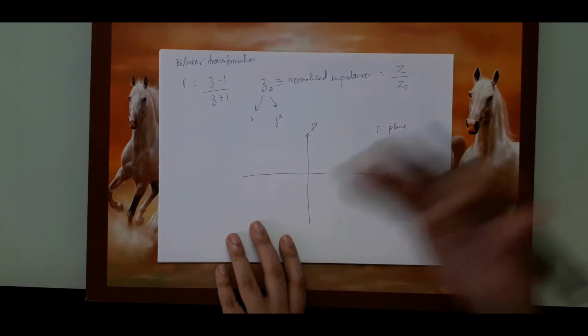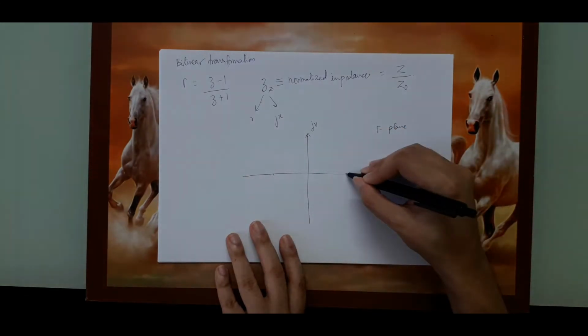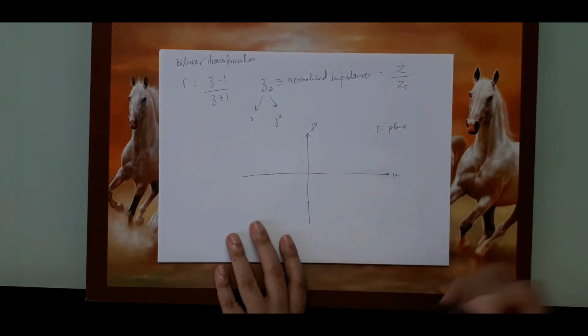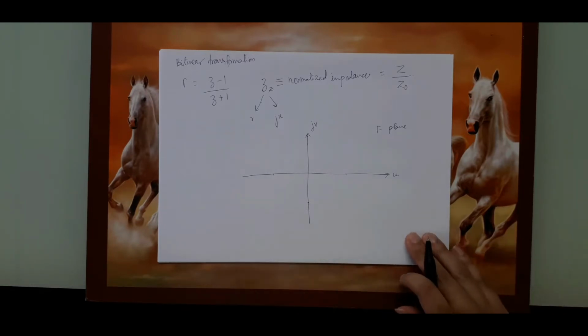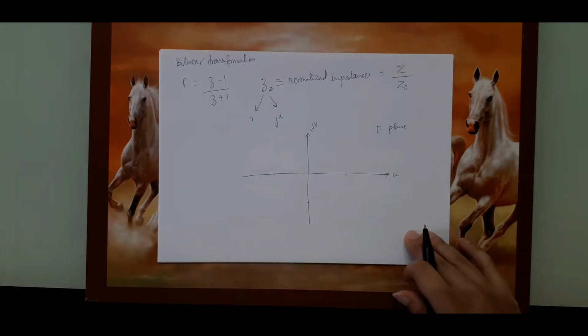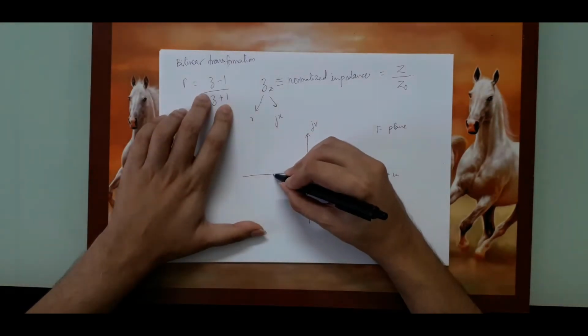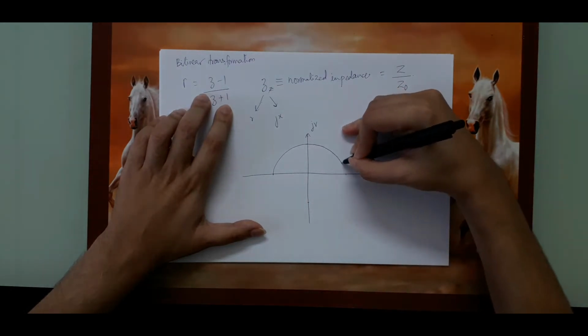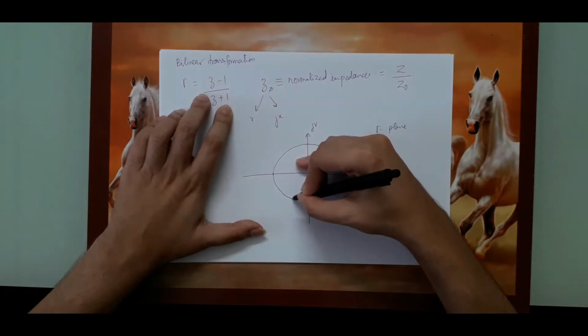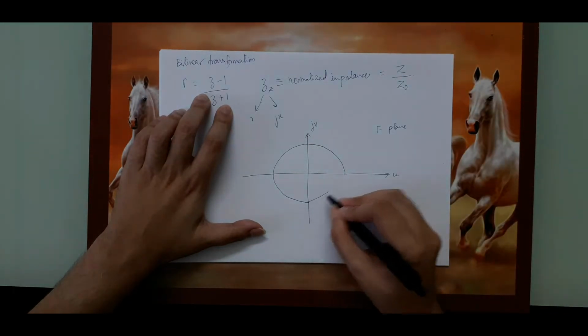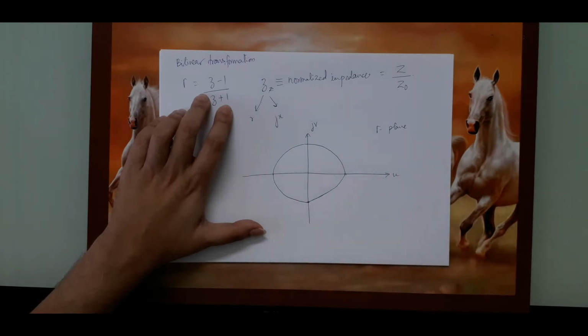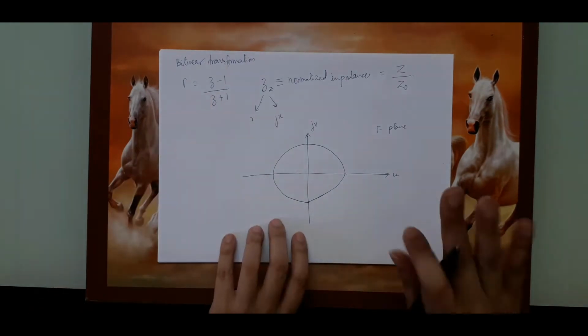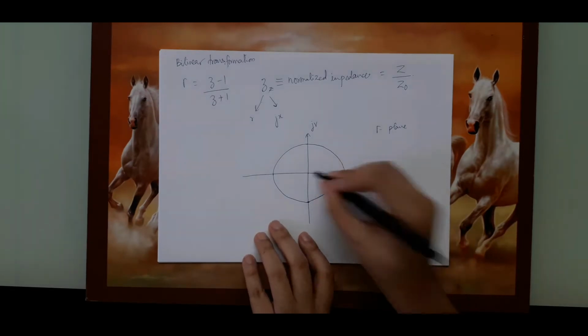Just to quickly recap, the region of interest on the gamma plane is within the unit circle, because for most applications the reflection coefficient can never exceed 1 in magnitude. So this is the unit circle. It may not look like a circle, but just ignore that for the time being. So this is the origin on the gamma plane.